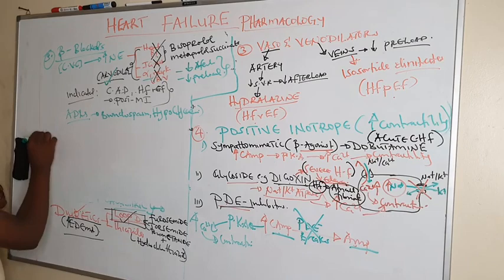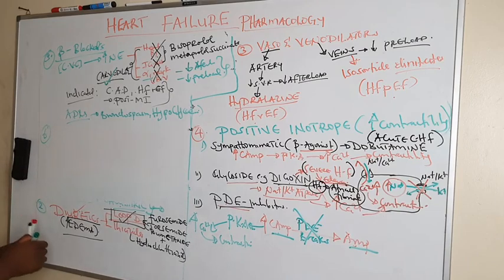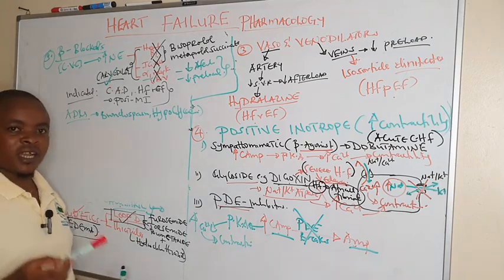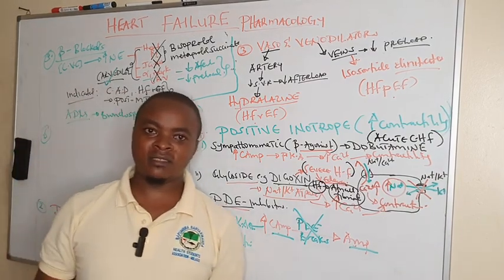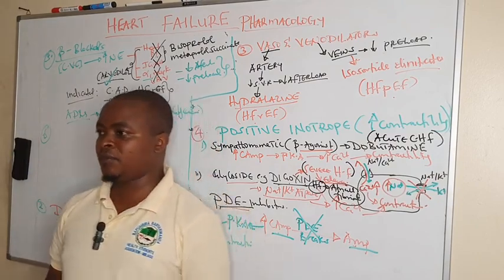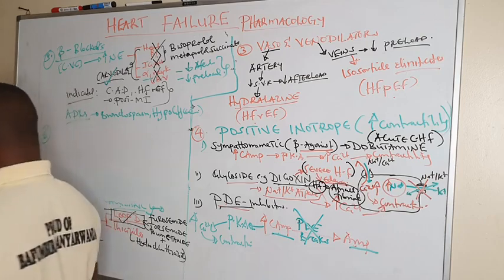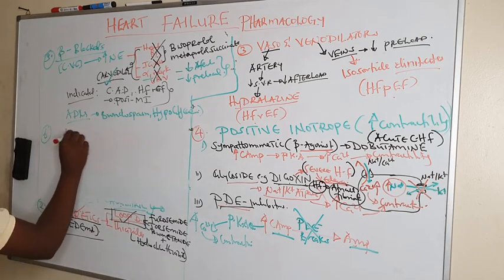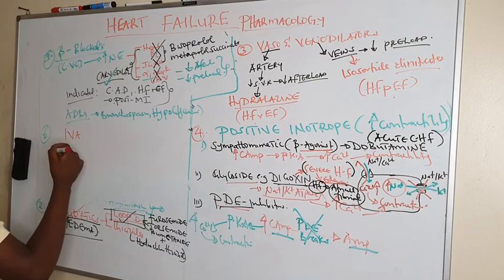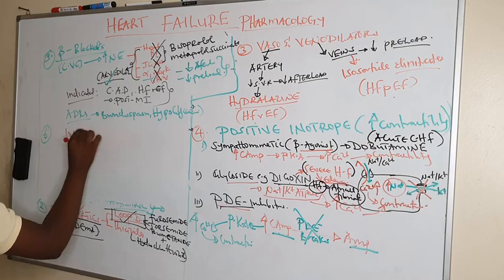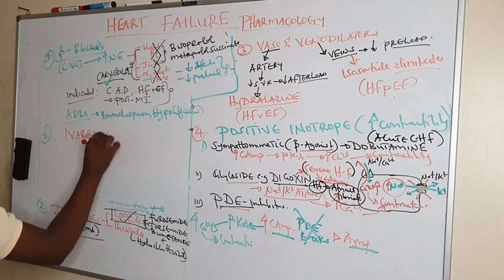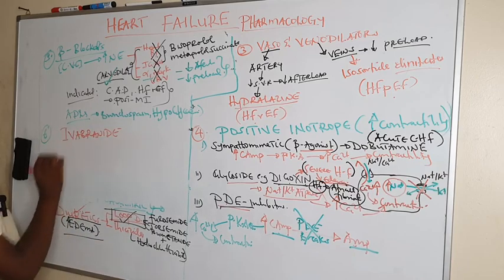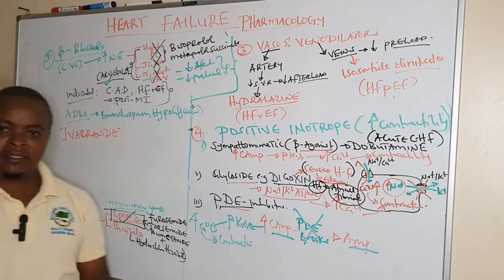So the last category we are going to look at in this session is the drug which can decrease both contractility and conduction. And this drug is named Ivabradine.